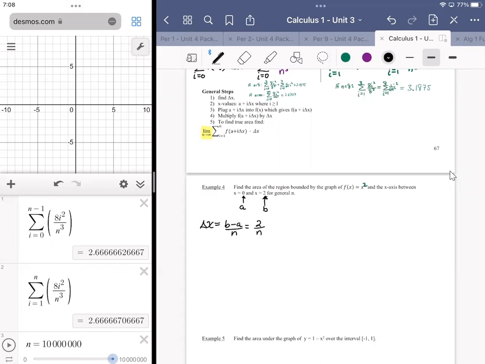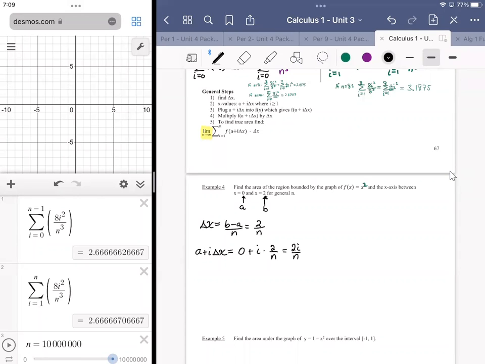Then we figure out a plus i delta x. Right, so a plus i delta x is 0, in this case, 0 plus i times 2 over n, which is 2i over n. So again, just rehashing what we did on the previous page so they have a nice process without all the extra fluff.